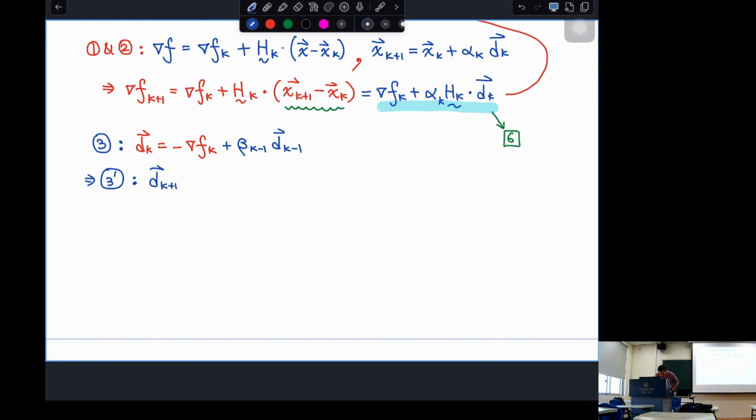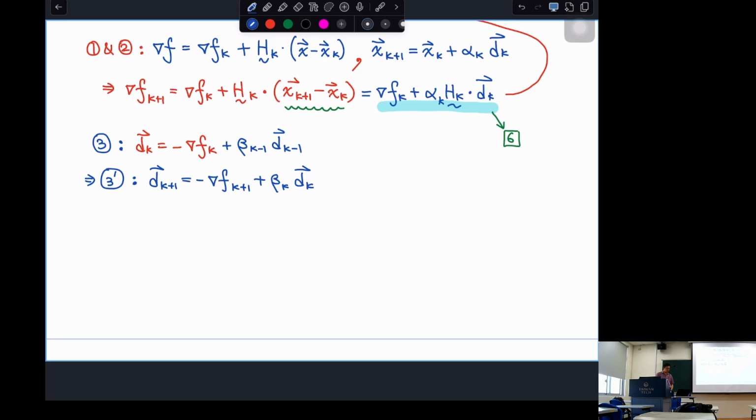So index advanced by 1. So everything plus 1. This must be valid because this equation is supposed to be valid for all the index. Okay. Now we have this particular equation.